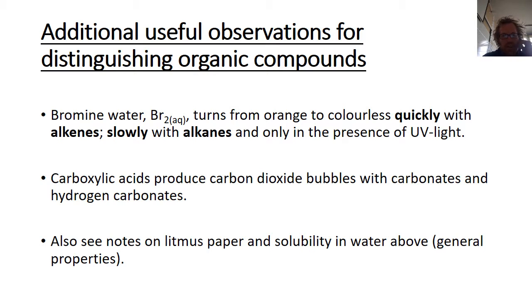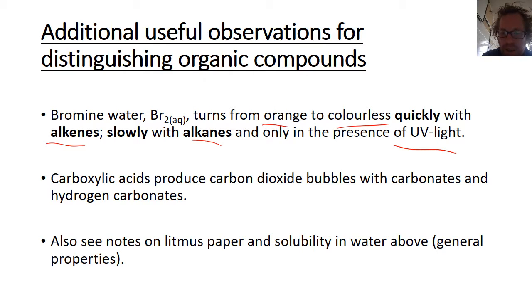Some final things to think about we learnt is that we need to be able to distinguish or determine unknown organics. They generally are liquids, and they're generally colourless. How could we distinguish them? Bromine water was a classic one. If we add that, it would turn from orange to colourless quickly with alkenes, but slowly with alkanes, and only with UV light.